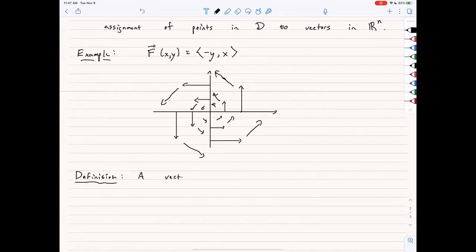So a vector field F is called conservative. It's nothing to do with any political persuasion at all.